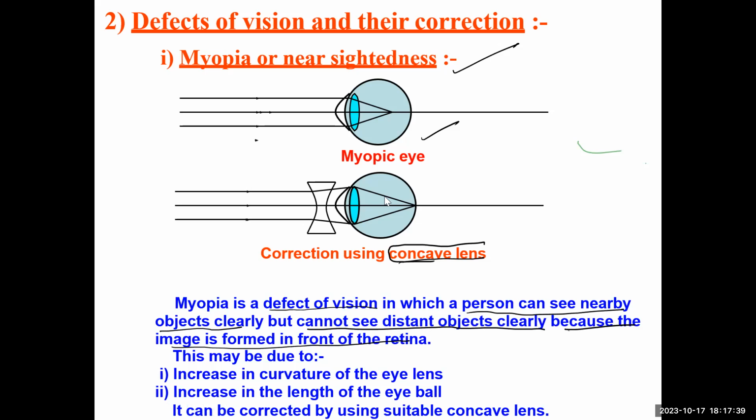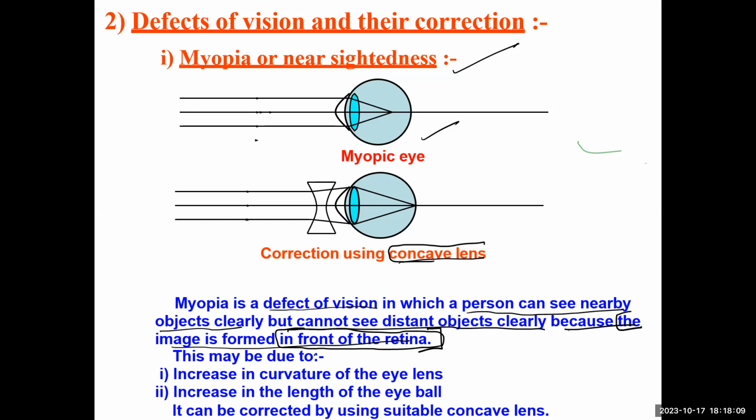Because the image for a myopic patient is formed in front of the retina. That's the main reason they cannot see objects at a far distance, but they can see objects which are nearby.